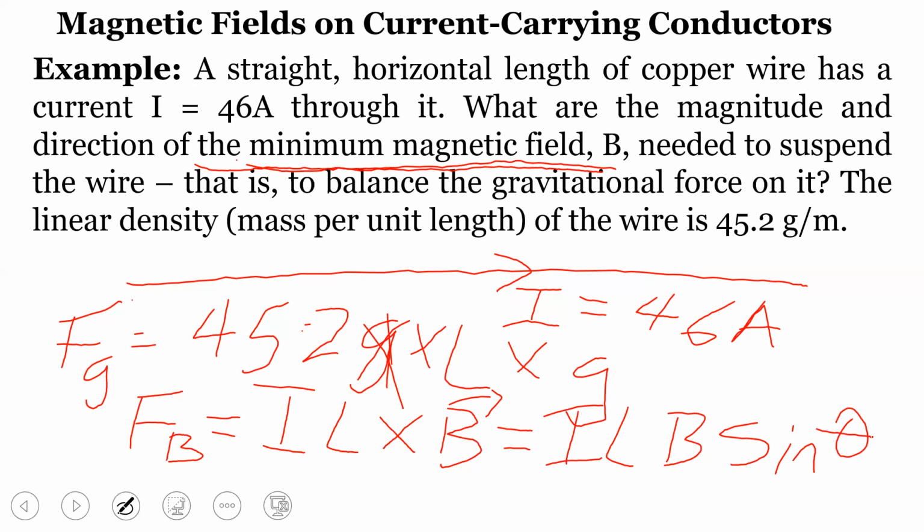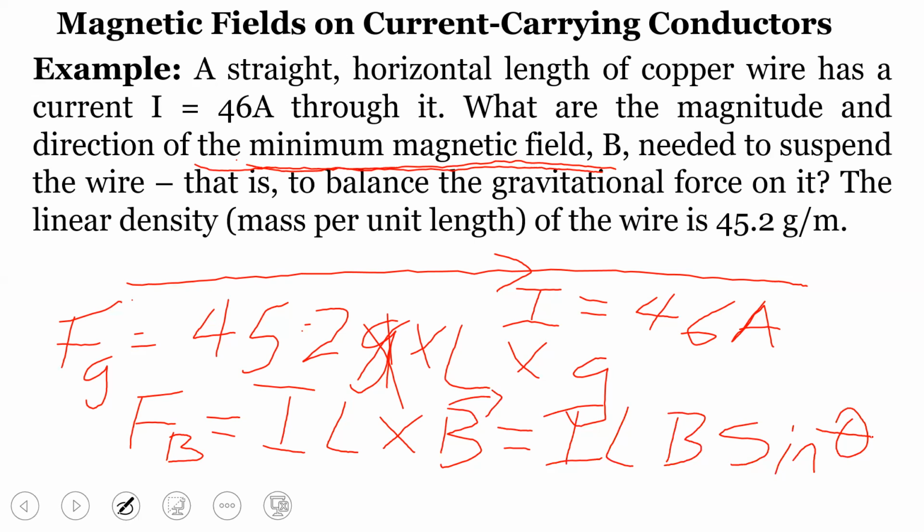So the angle between B and L matters a lot. When the angle between them is 0, the magnetic force will be 0. For a certain magnetic field B, to have the maximum force, theta must be 90 degrees. When theta is changing, the magnetic force will be changing, even when the magnetic field is constant.